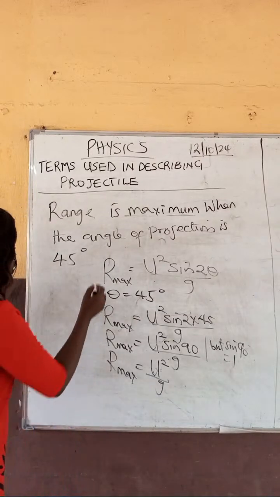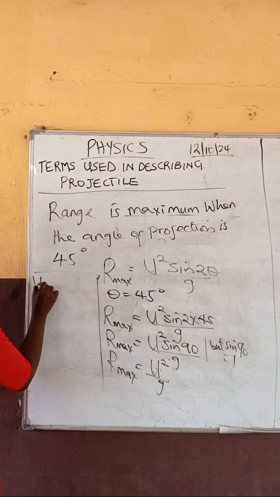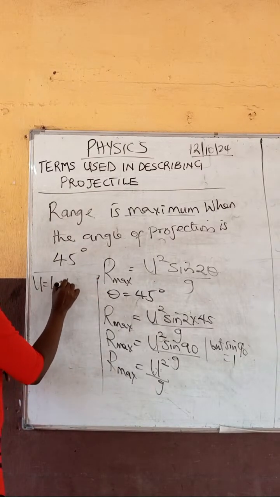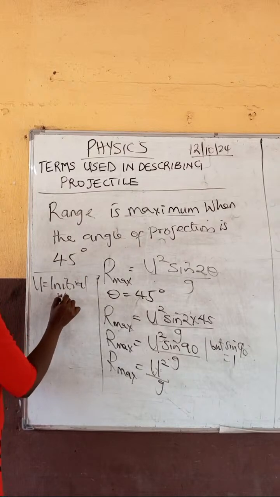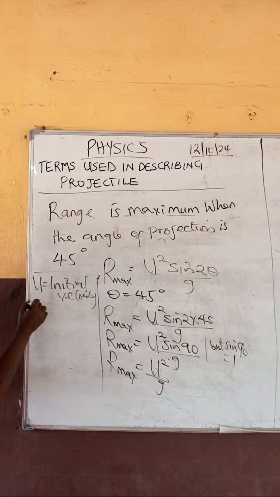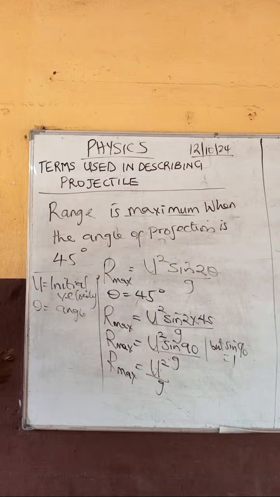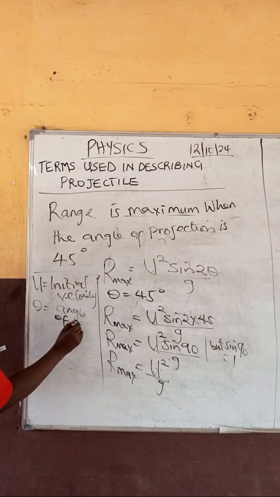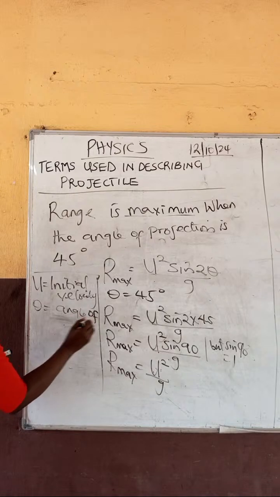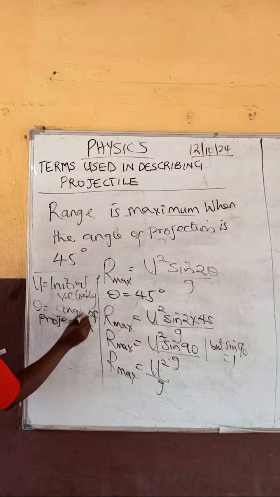All right. So if we go by that, let's take our parameters well. We say that U is my initial velocity. Okay. What's my theta? It is the angle of projection.